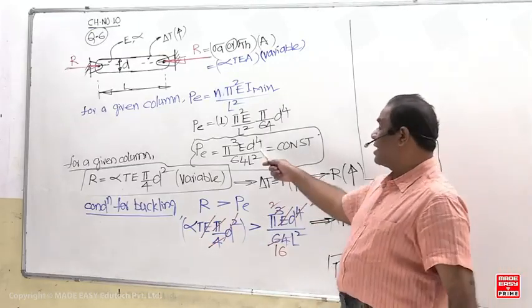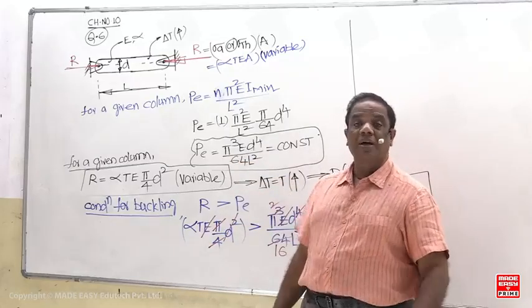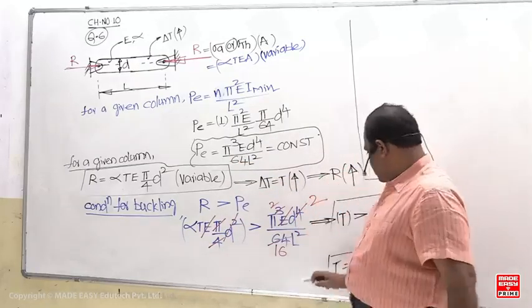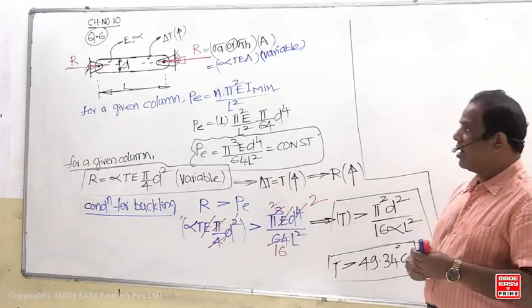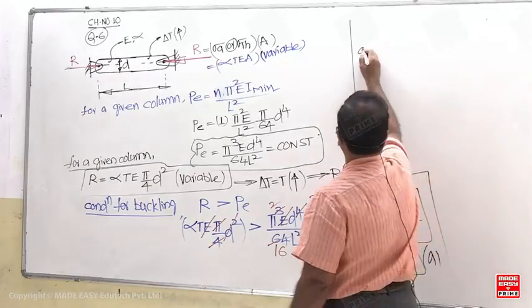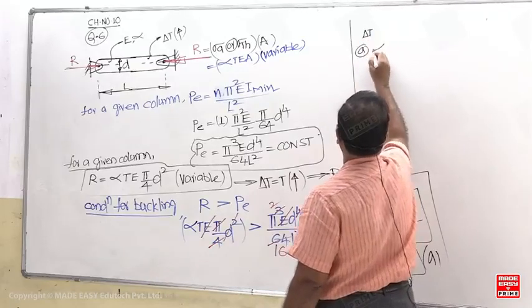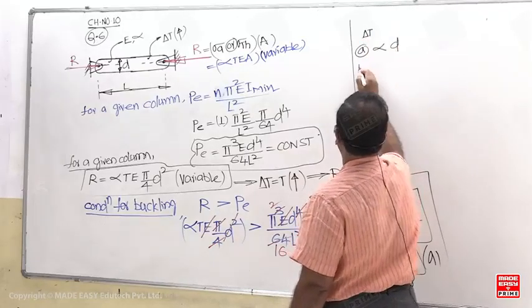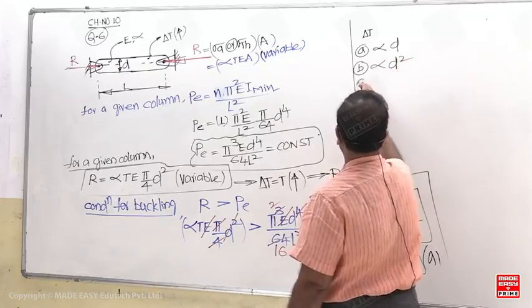Most students have taken d to the power of 4. But the question is not asking for buckling load; it is asking for the change in temperature. Change in temperature is proportional to d square. So the answer will be d square. This was the question that was given.